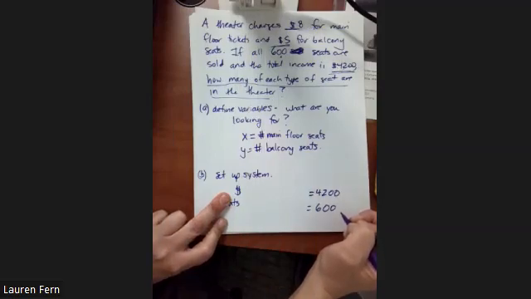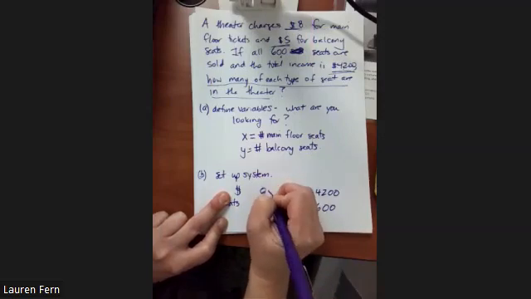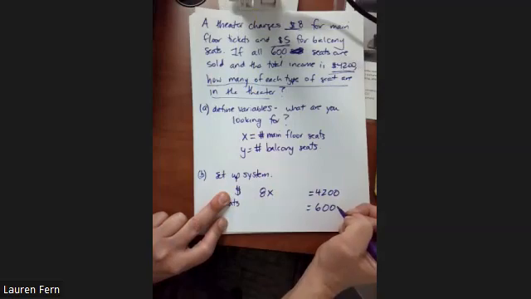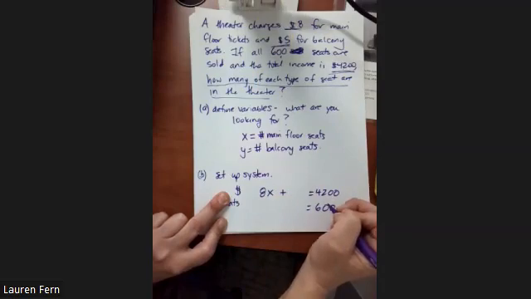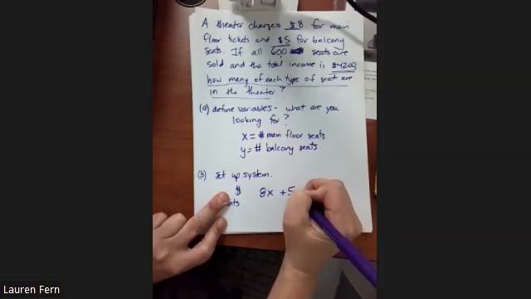This should remind you of your revenue function from section 13. So the total money we bring in for main floor tickets is 8x. How about for our balcony tickets? Good, 5 times Y.